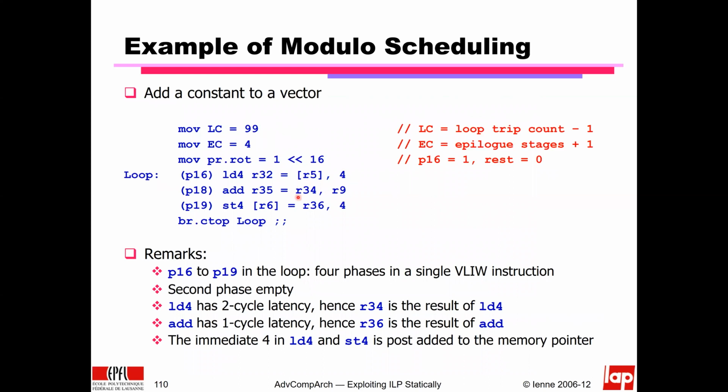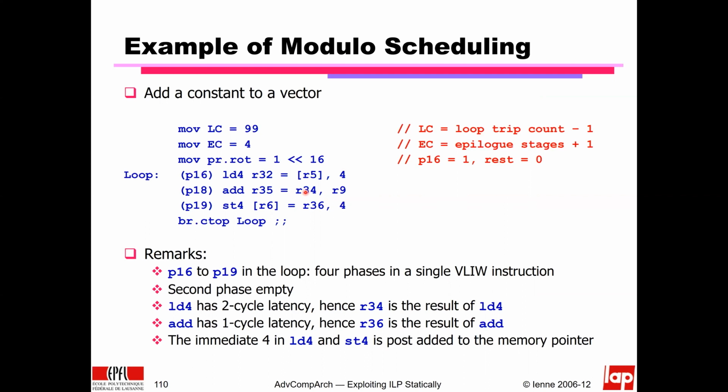So this 34 is actually register 32 of 2 iterations before. Whatever you put here, when you do this loop twice, you'll find in register 34.